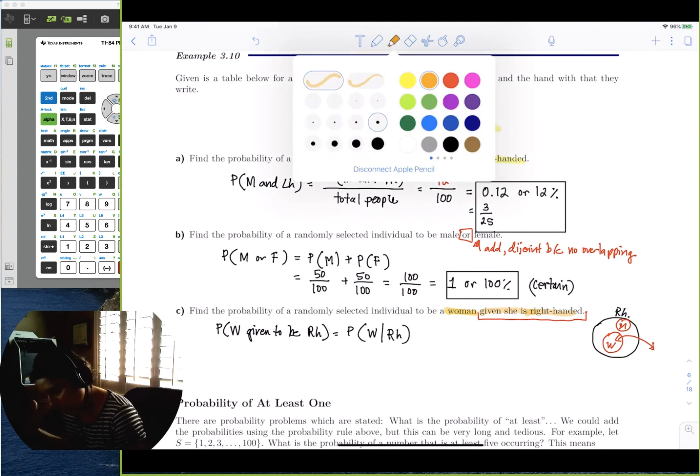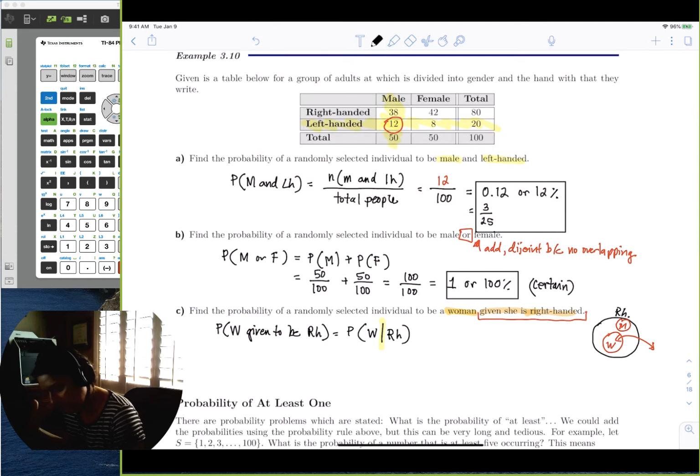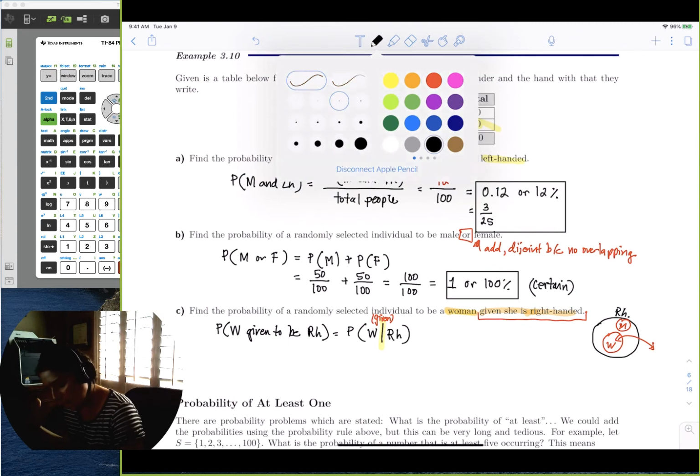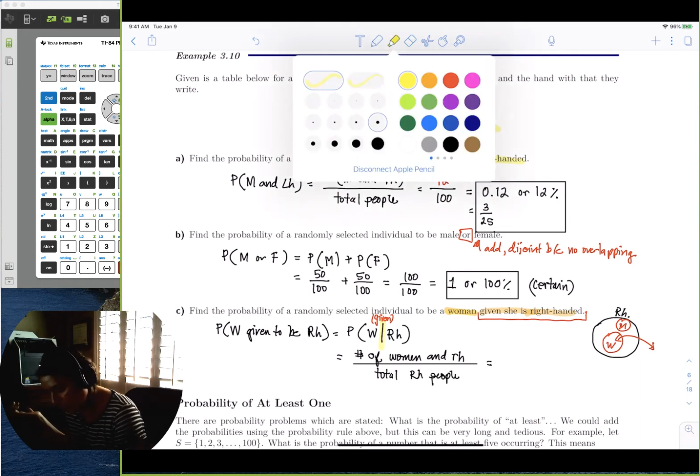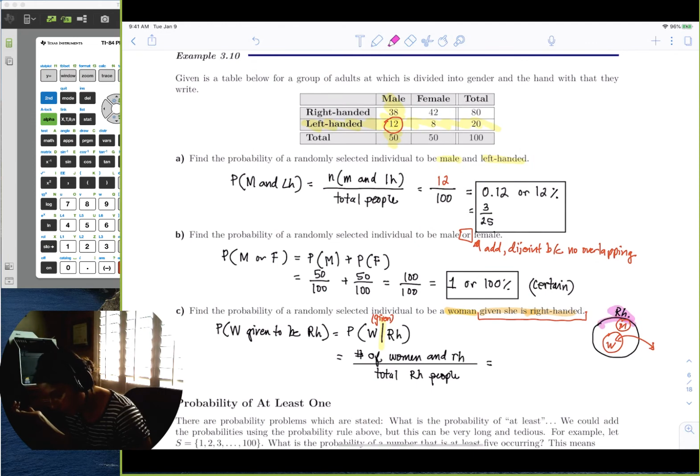So this line here means given in math. And that would be equal to the number of women and right-handed over the total right-handed people. And that really comes from, given she's right-handed, you're only looking at right-handed people.